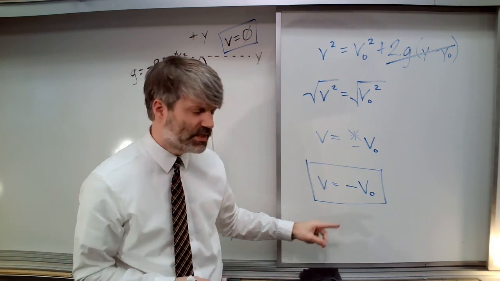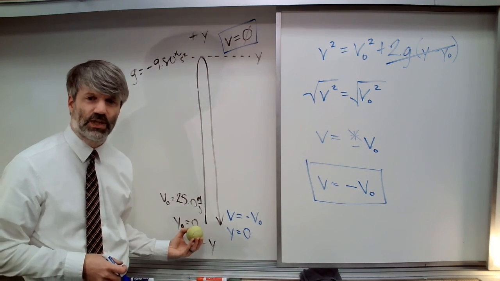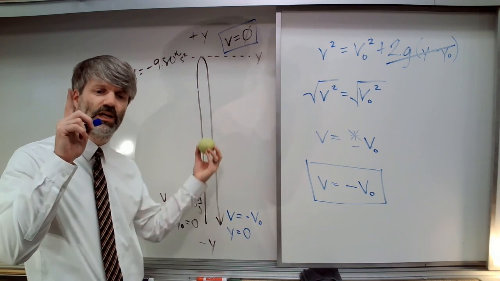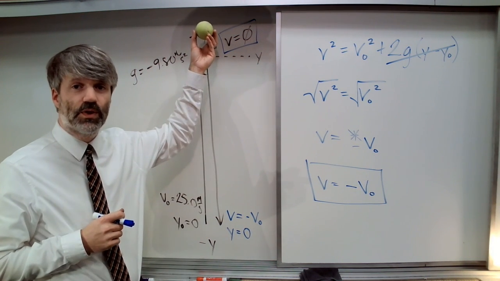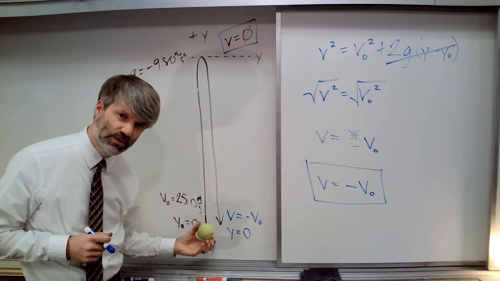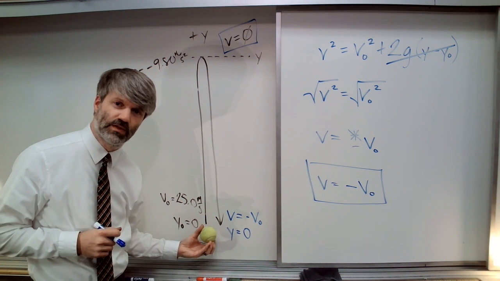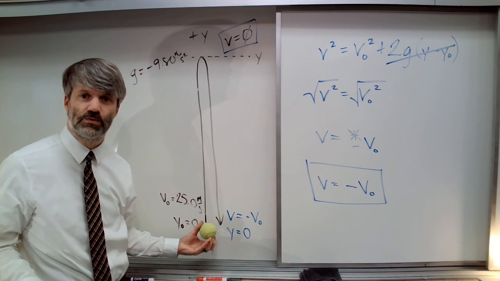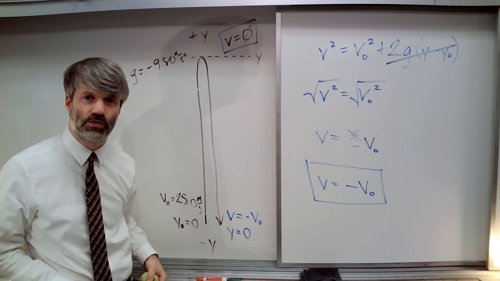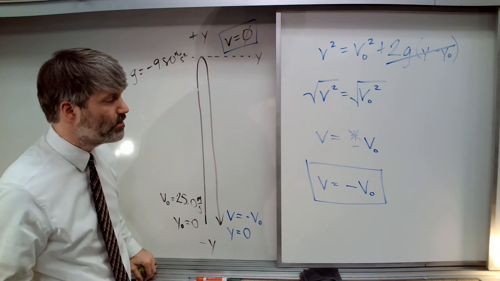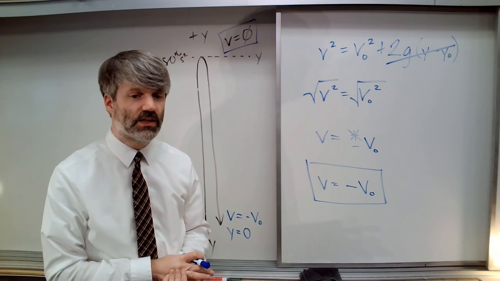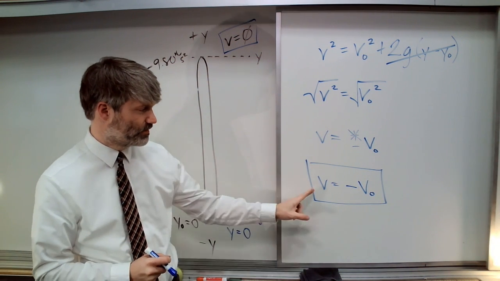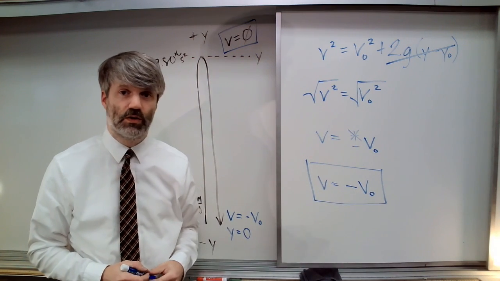And so this means that if I launch this object at 25 meters per second upwards on the moon, when it comes back down and hits the surface of the moon, it will be traveling at 25.0 meters per second downwards towards the moon. It doesn't matter what the acceleration due to gravity is, it just matters that those two are equivalent.